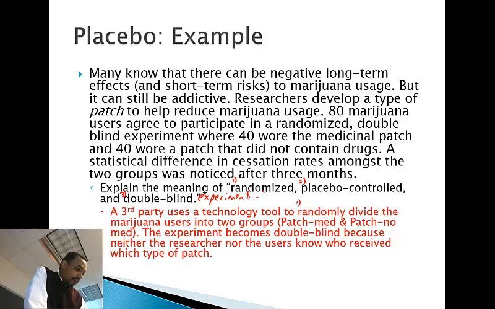I'll call this part 2. I give folks the patch with medicine, patch with no medicine. Double blind, I call that 3. You as a third party use some kind of technology tool, your calculator, computer, whatever, and decide who gets the patch, who doesn't.